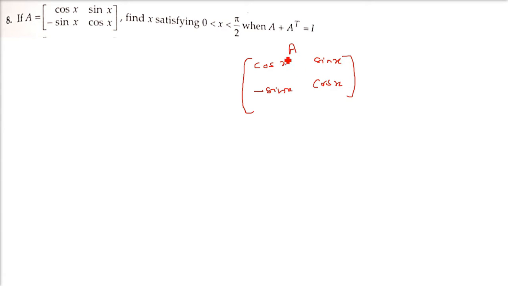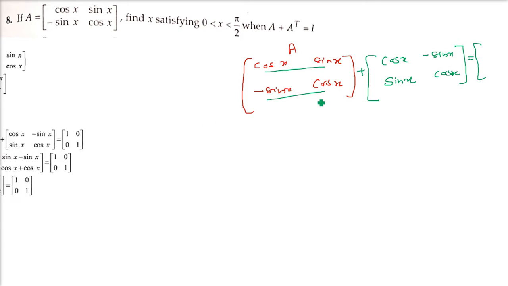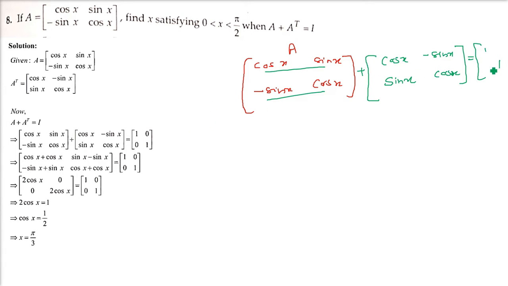Now add the transpose one. A transpose: cos x and sin x will become the column. Cos x, sin x. This will be the column minus sin x and cos x. Okay. So this is equal to the identity matrix. Identity matrix is 1, 1, with 0, 0.